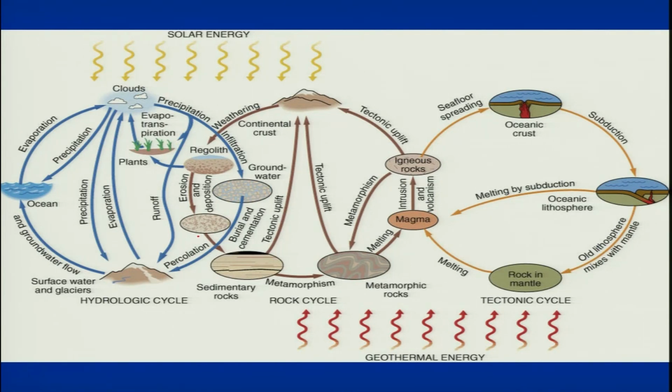So, all these cycles, the hydrological cycle, rock cycle and tectonic cycle, are connected, and the three cycles are basically governed by the geothermal energy coming from the interior of Earth and the solar energy which we receive from the sun. Just keep in mind, go through it in detail, so you will be able to understand where we are looking at the connectivity.